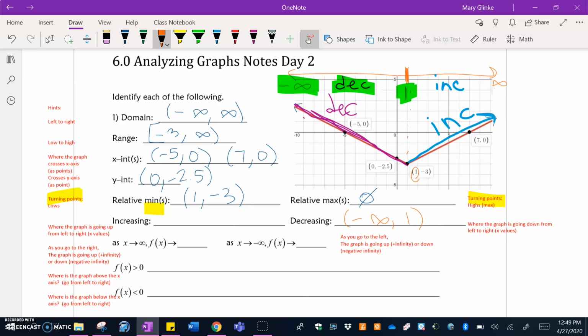Now, increasing and decreasing will always use parentheses. They will never use brackets. So I'll say that and write it. Increasing and decreasing always will use parentheses. It will never use brackets.